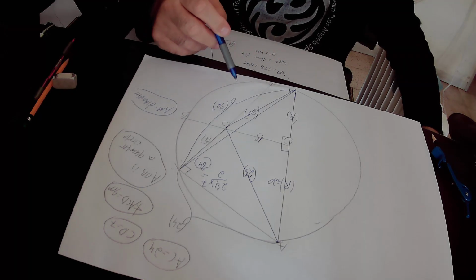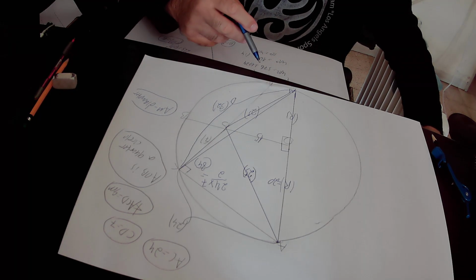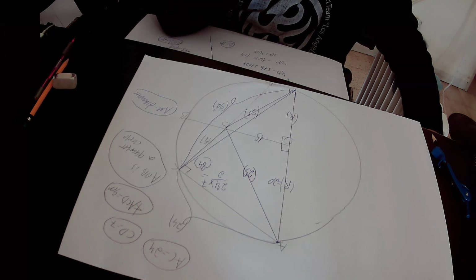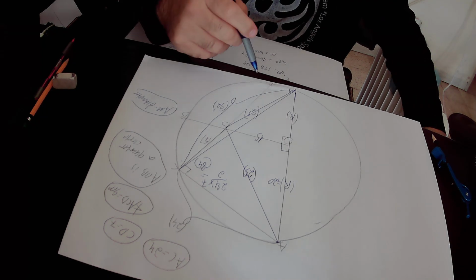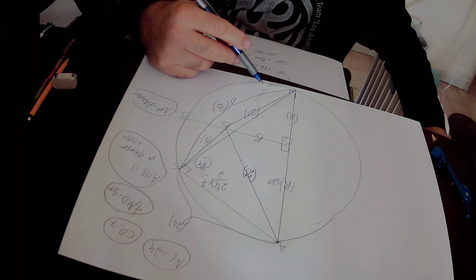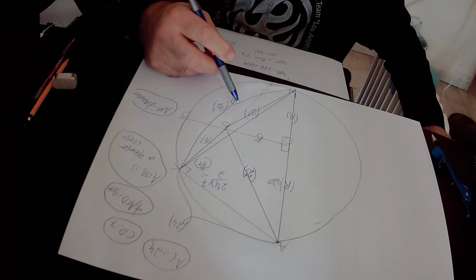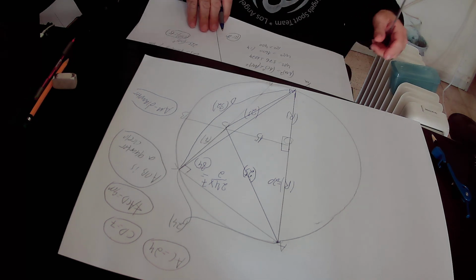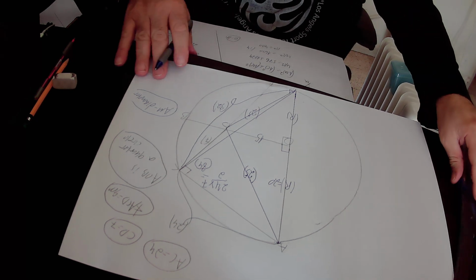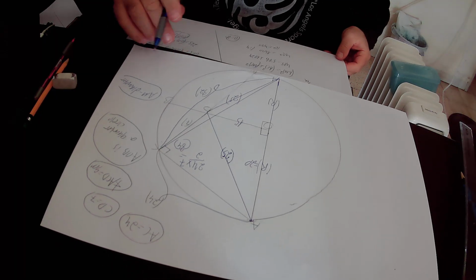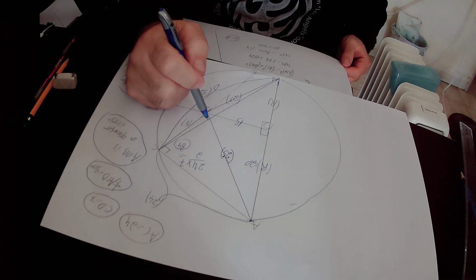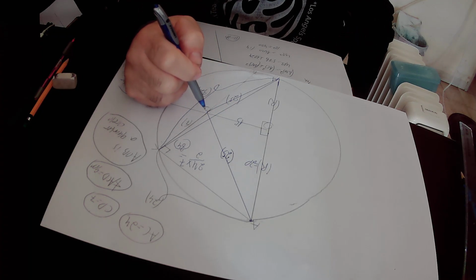The area of this right triangle equals the base of the triangle times the height to the base.